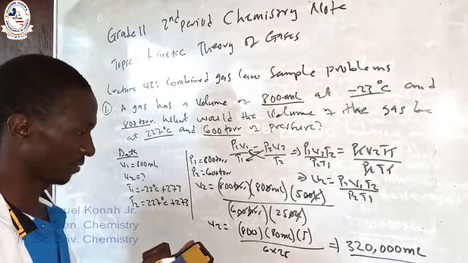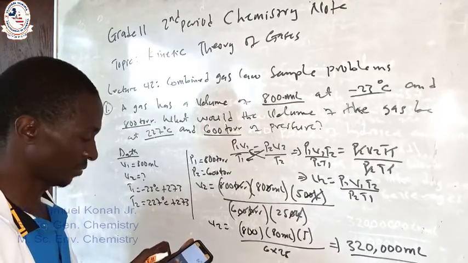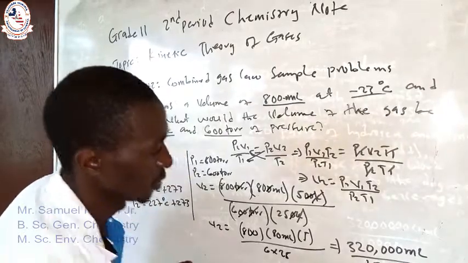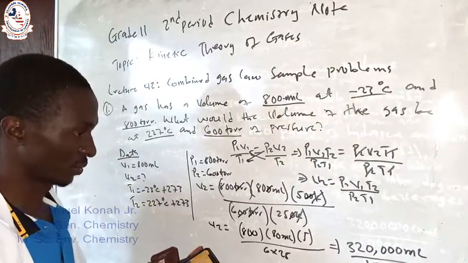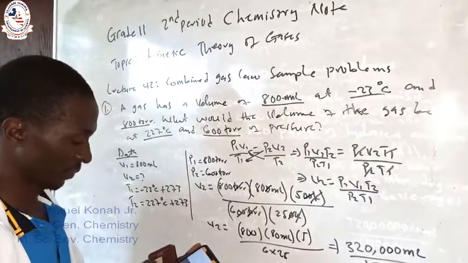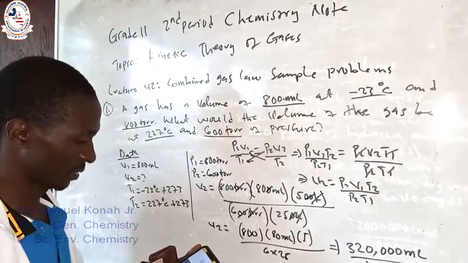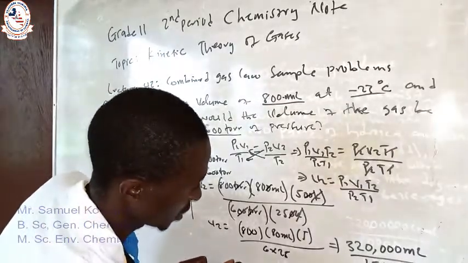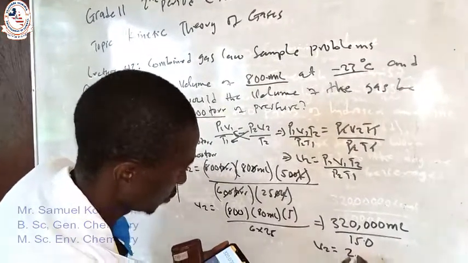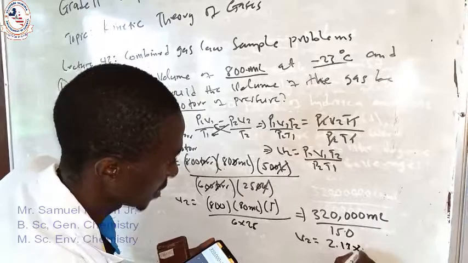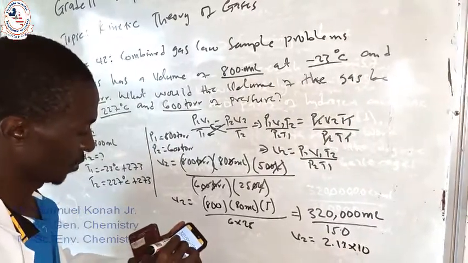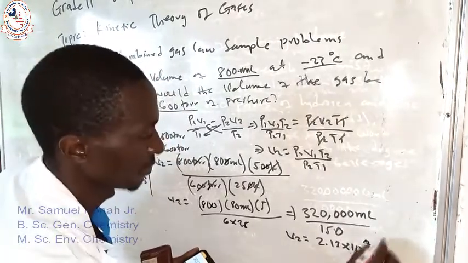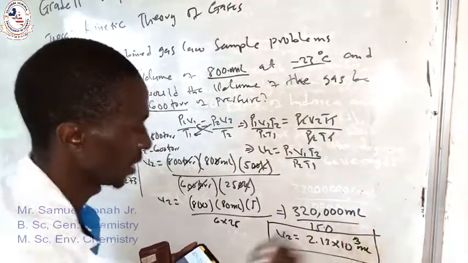Then 6 times 25 gives us 150. So our V2 will be equal to 320,000 divided by 150. Here our V2 is 2.13 times 10 to the power 3 ml. So this is our new volume.